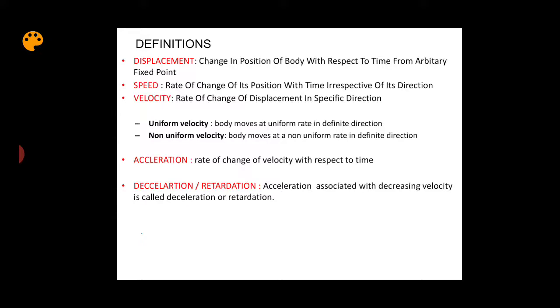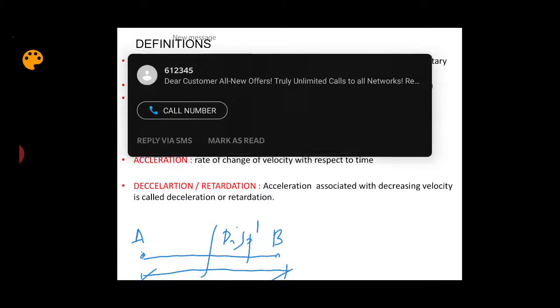That is, if an object is placed at point A and after application of some force it changes its position from point A to point B, this traversed point is what is termed as displacement, right?